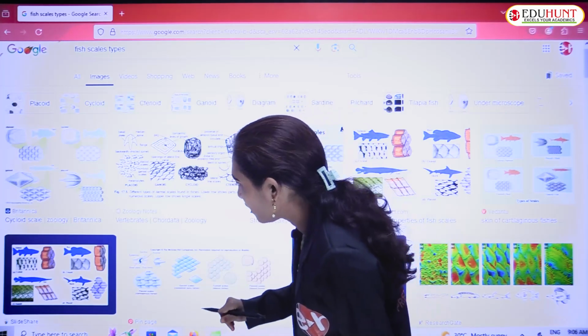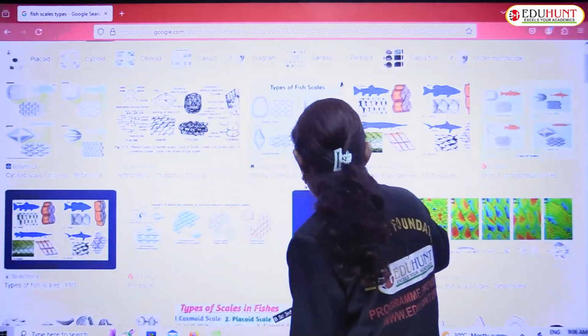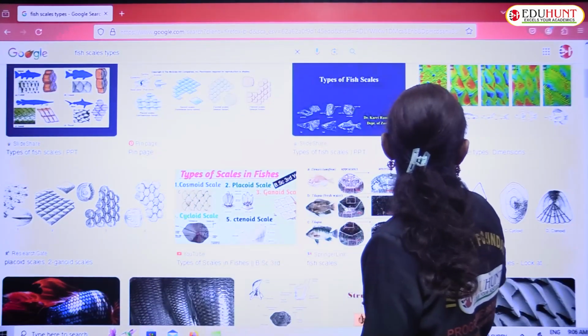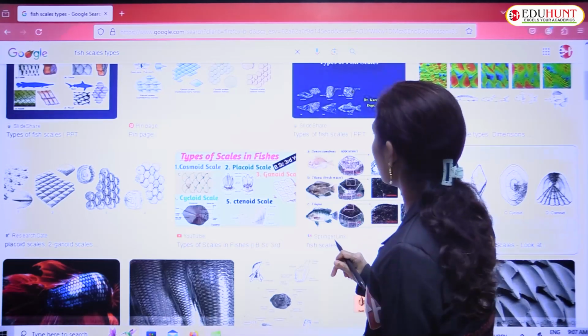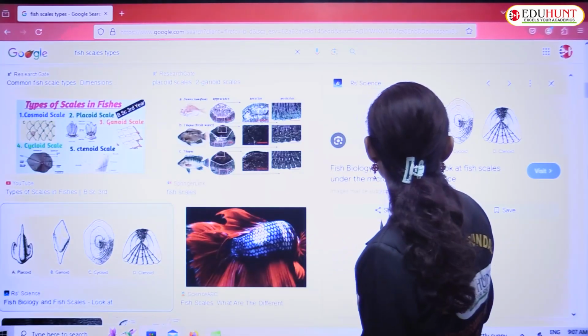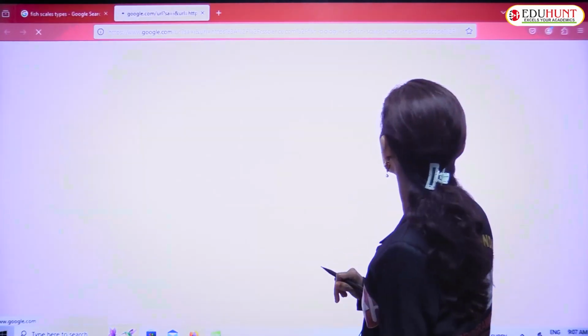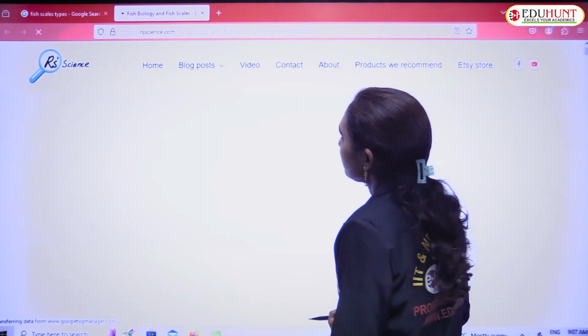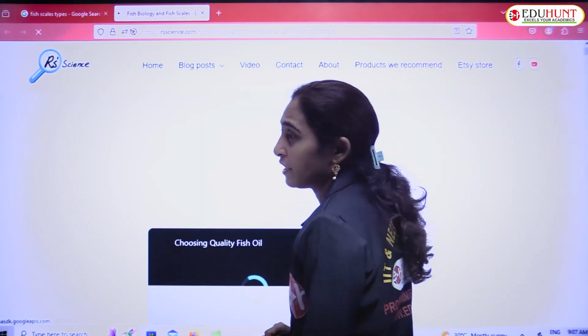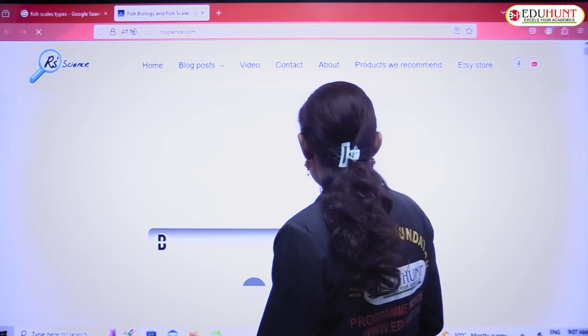Which is very clear. I'm searching for a clear picture. I'm taking it from a Google source.